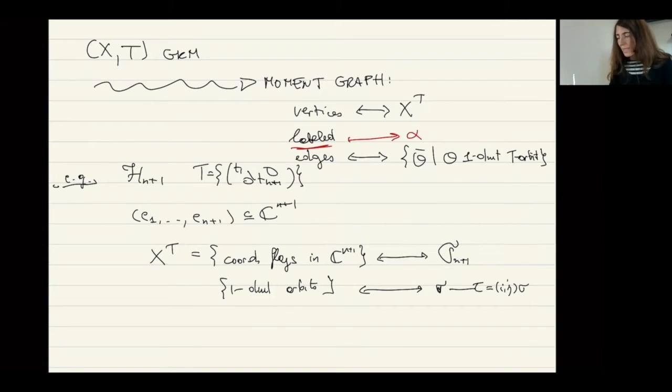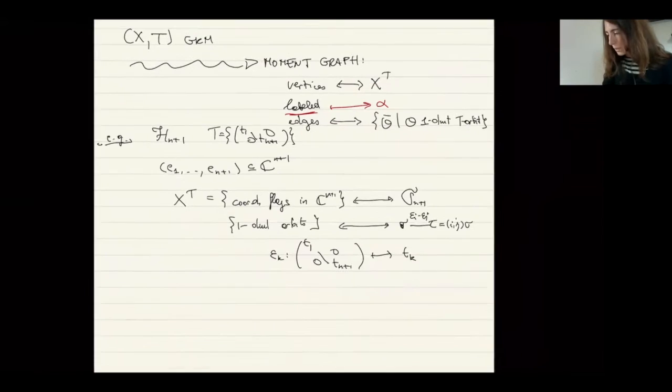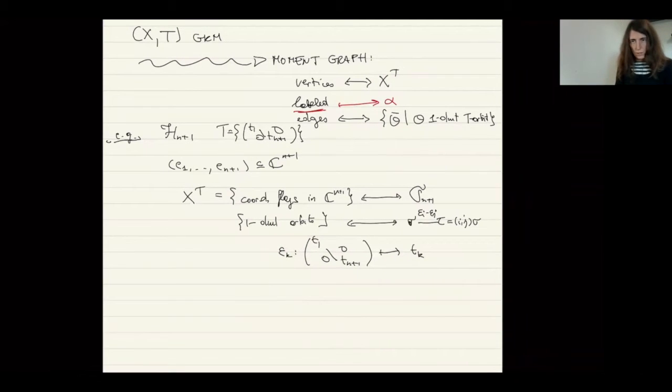And now it's an easy exercise to check that the corresponding character is epsilon_i minus epsilon_j, if epsilon_k is the character taking the general matrix diag(t_1, ..., t_{n+1}) to t_k. So it's a basis of the one generator of the character line.